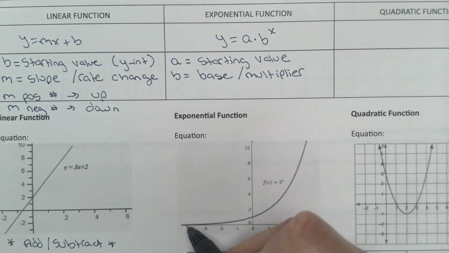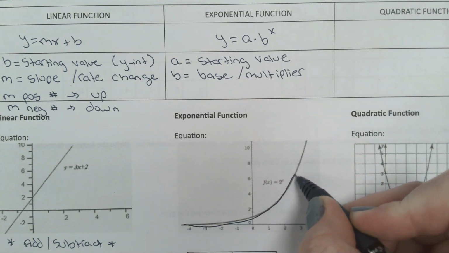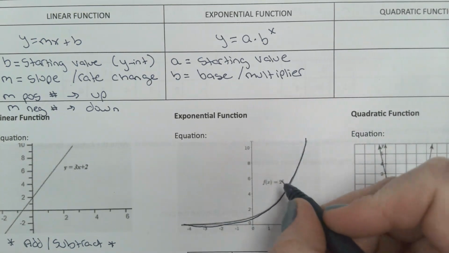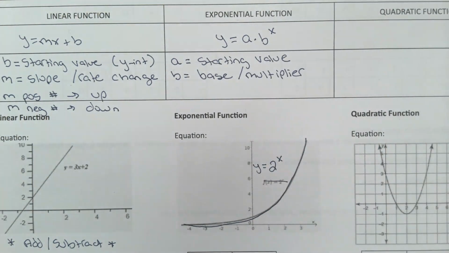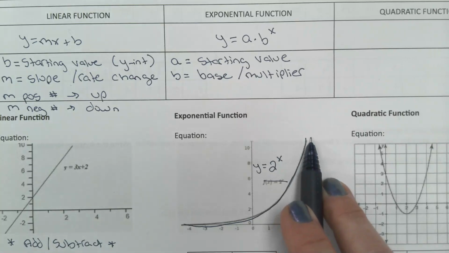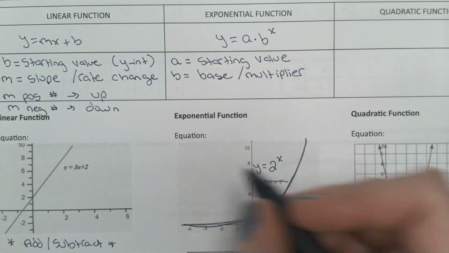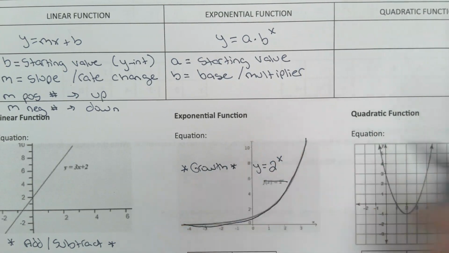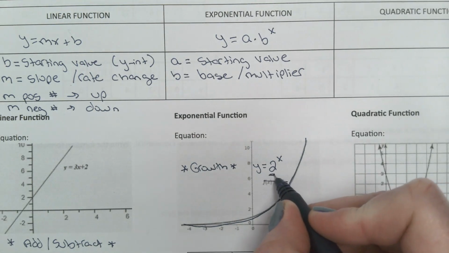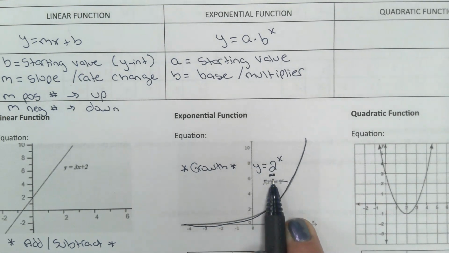On this exponential function right here, in case you can't read that, it says y equals 2 to the x. This seems to be going up over time, so this is what we would refer to as a growth function. You can tell if something is a growth function or a decay function by looking at the b value.